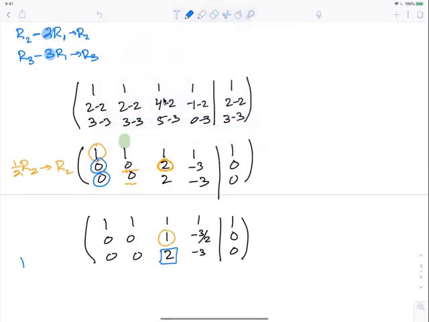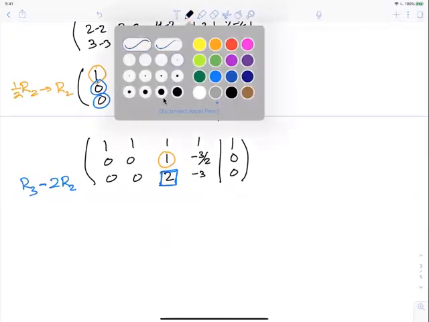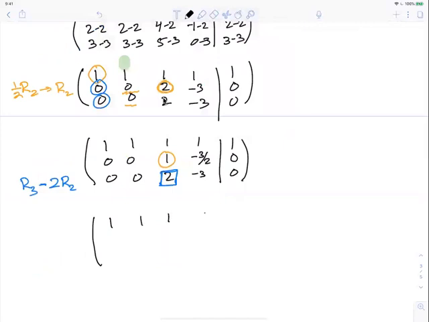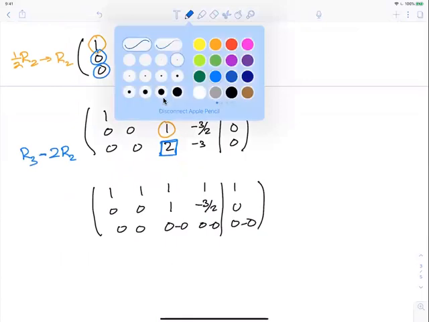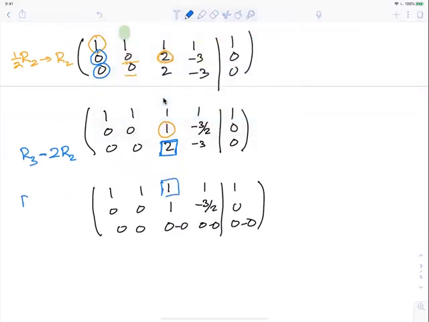So we're going to use the current row minus that entry times the pivot row. And you'll notice that you immediately get zeros on the bottom. And now we can actually go ahead and do the top row as well. If you get good at these, you can do them both at the same time after you scale.